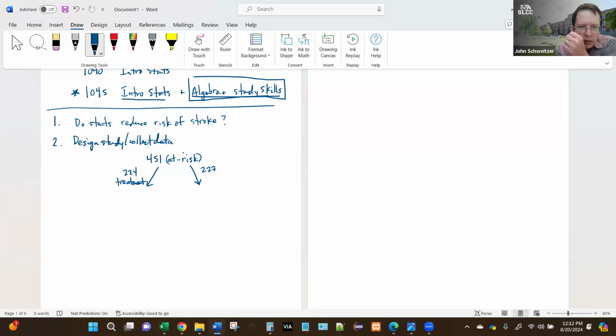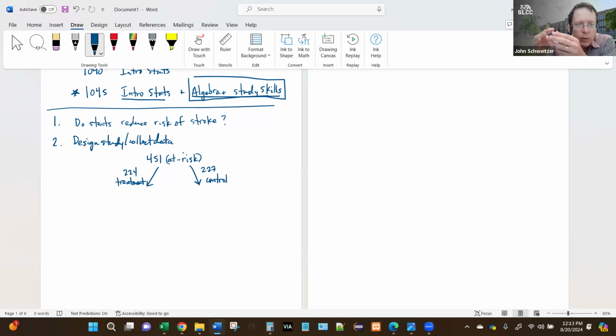The no stent group is called a control group. And why would we have that? You might think it's wasting our volunteers, since we're only getting 224 with the treatment. Why would we waste 227 of the volunteers? Well, it's not wasting actually. It's very important to establish a baseline.